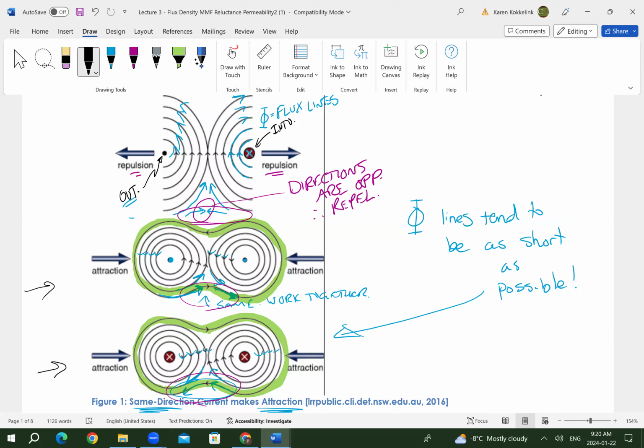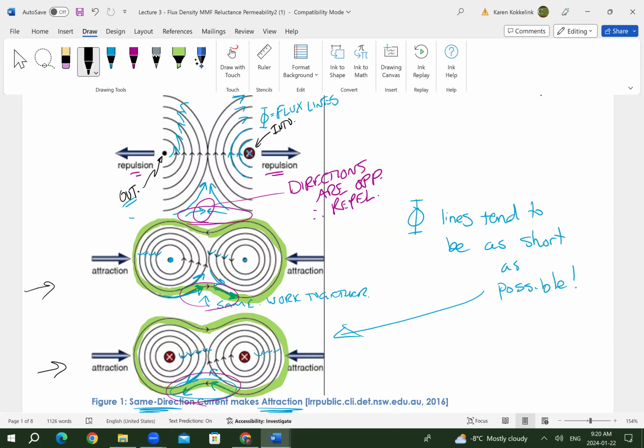Why is that important? Well, the fact that these pull together is literally the basis for the definition of an amp. This magnetic attraction is the basis for the definition of the ampere that we know. So let's look at what an amp is.